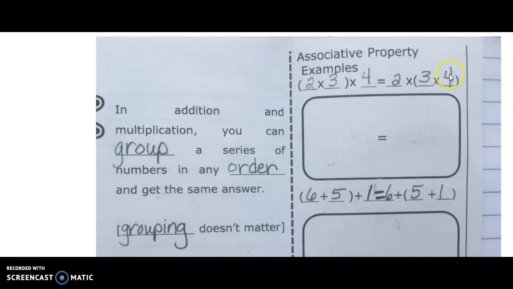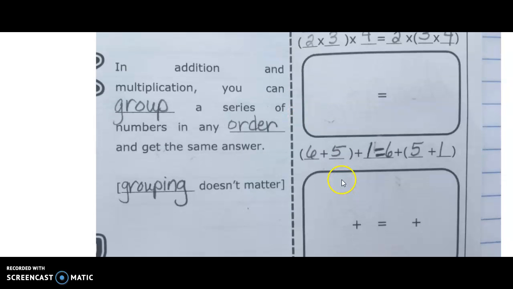We're just moving the parentheses around. Everything is multiplied together, so it doesn't matter what happens with the parentheses. Likewise with adding: if you add 6 and 5 first inside the parentheses and then add 1, it's the same as adding the 5 and the 1 in parentheses first and then adding the 6 after.